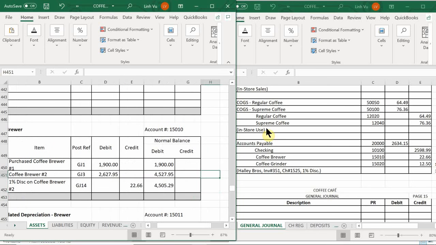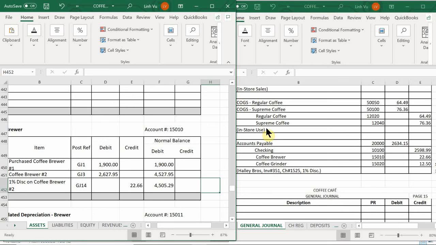Now what I'm going to do here on the side is make a little reference point so you know exactly how much your coffee brewer number 2 is going to cost you, because when we depreciate it, I'm going to have you guys depreciate each and every single one, because we purchased a used coffee brewer. Its life is not going to be the same as the second coffee brewer, because the second coffee brewer is brand new.